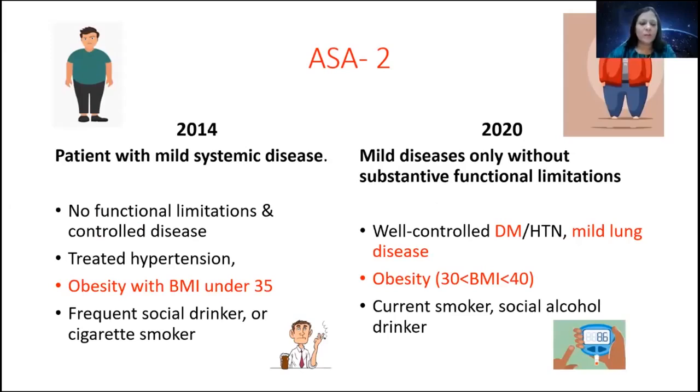Also, the 2014 guidelines say that obesity with BMI under 35 falls under ASA grade 2 category. But the 2020 guidelines say that obesity with BMI between 30 to 40 is straightaway class 2. Now, the 2014 guidelines place a frequent social drinker or cigarette smoker as ASA 2, and in 2020, a current smoker and social alcohol drinker is placed under ASA 2.